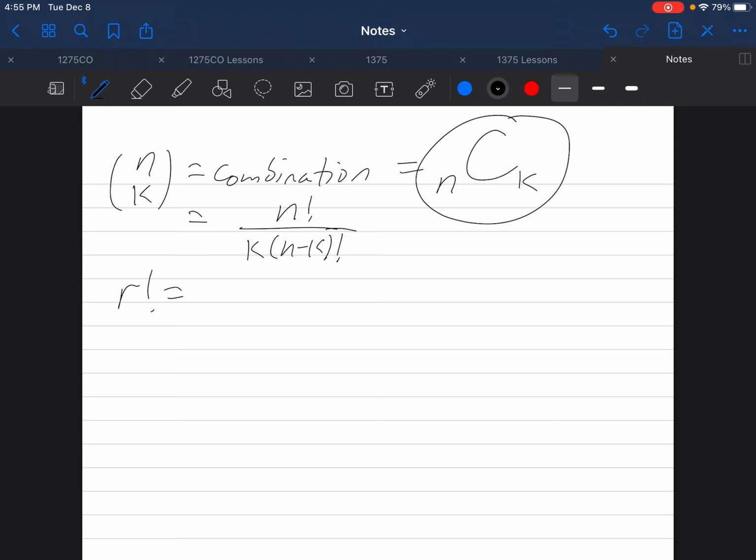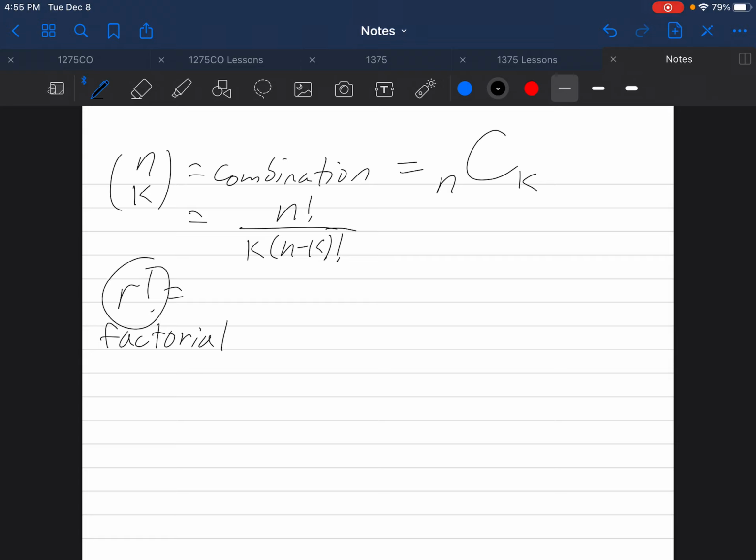This notation, n choose k, is the exact same as this notation, n choose k. The notations mean exactly the same thing, and you will most likely encounter both types of notation in your math travels.